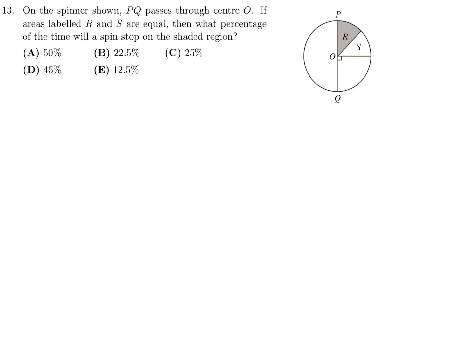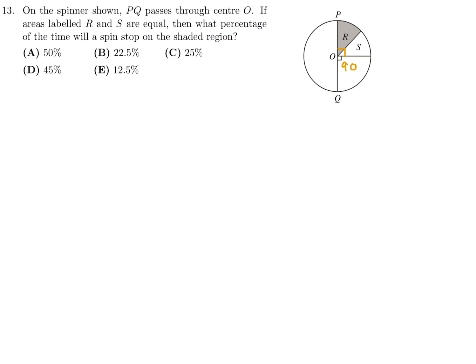On the spinner shown, PQ passes through center O. If areas labeled R and S are equal, then what percentage of the time will a spin stop on the shaded region? This symbol is a right angle, means that's 90 degrees. So that means that is a quarter of the circle. Now, if this is the diameter, since it passes through the center, that means this is also 90 degrees.